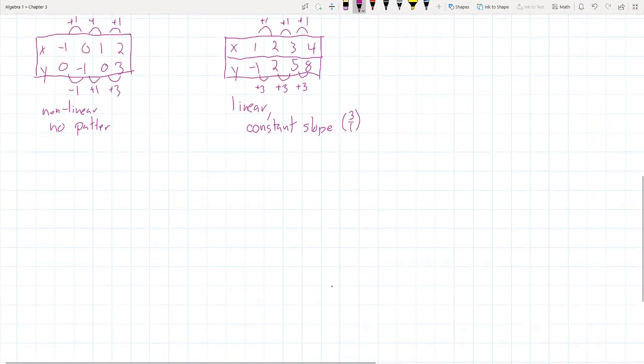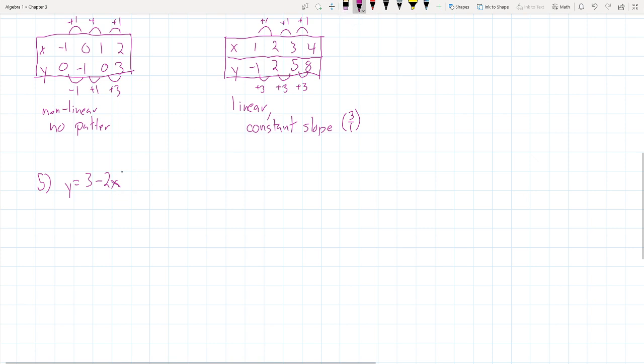All right. In examples 5 and 6, determine whether the equation represents a linear or nonlinear function. Explain. So in number 5, we have y equals 3 minus 2x. And in looking at this, what we can see is that there's only the x, and the x specifically doesn't have anything up here in the exponent location.